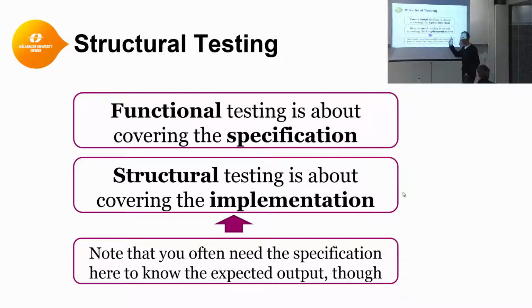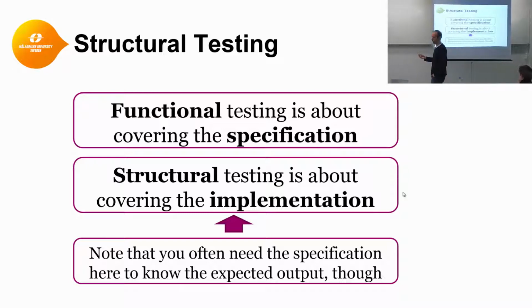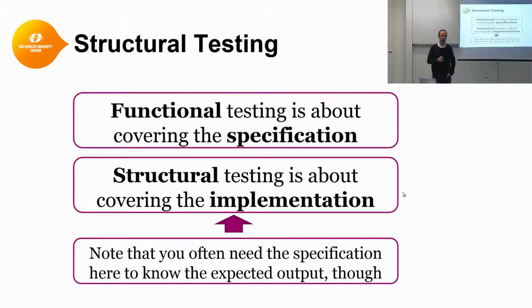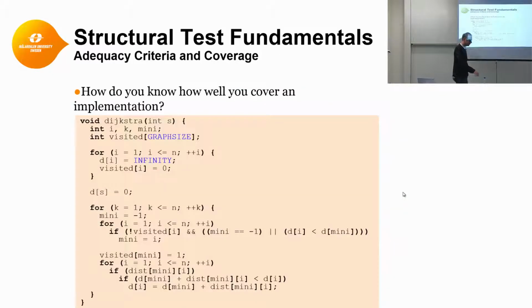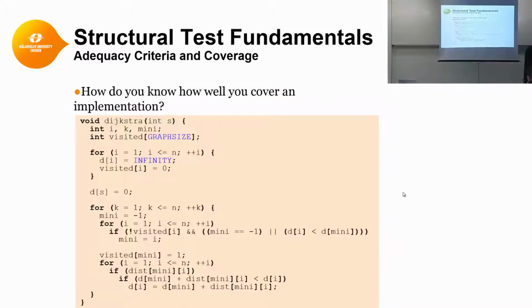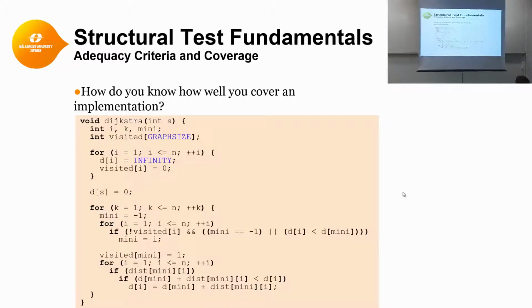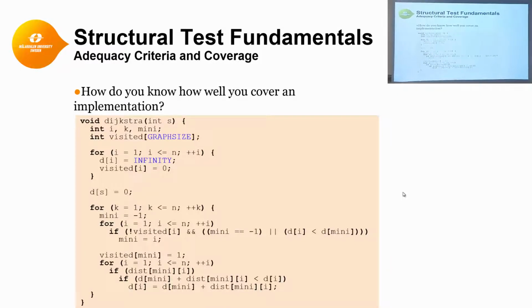Because the implementation only gives you information on how the software actually behaves. So you need the specification to know the expected output. To create complete test cases, you can get some idea of the input from the implementation, but for the expected output you need the specification. That being said, implementation-based test design.